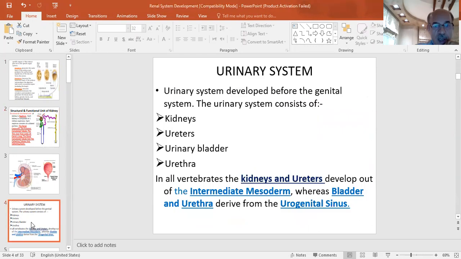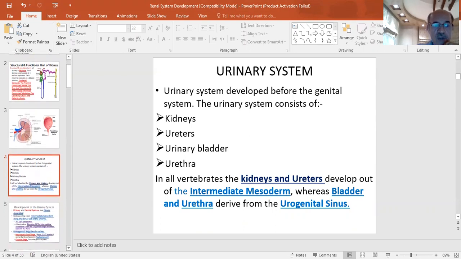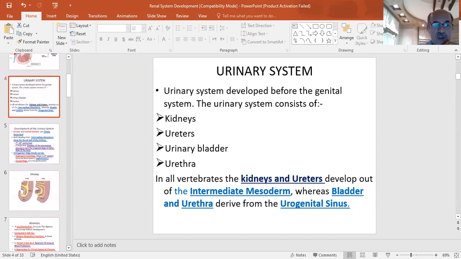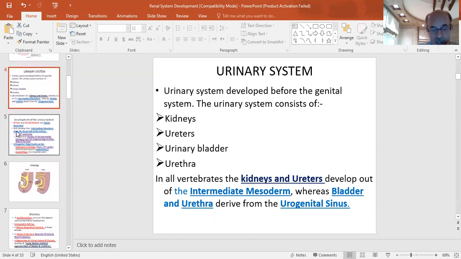Now, the urinary system, the kidneys and the ureter, they actually develop from the intermediate mesoderm. While the bladder and the urethra, they develop from the urogenital sinus. Now, you will see that actually both the renal system as well as the reproductive system, they develop hand in hand.